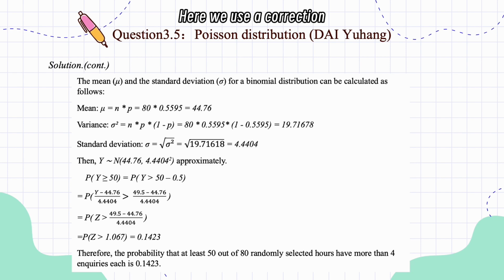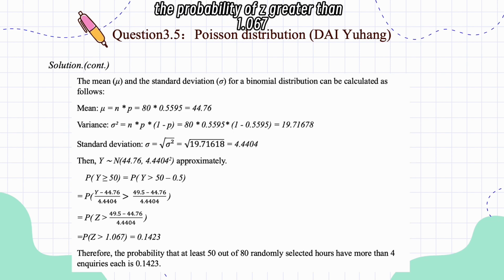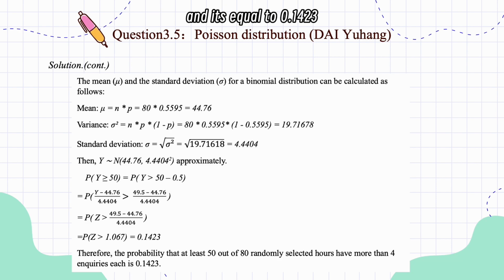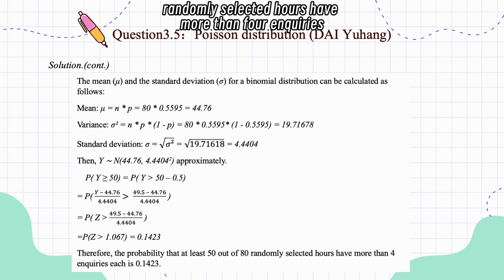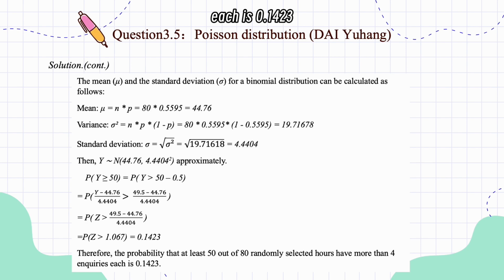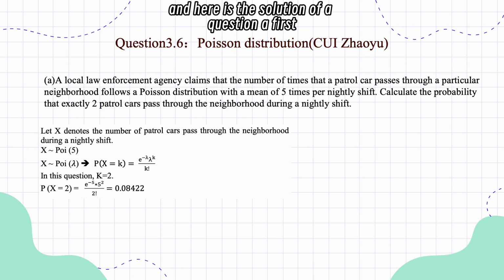Here we use a correction, and we turn this normal distribution of y into the standard normal distribution, and we can have its probability equal to the probability of z greater than 1.067, and it's equal to 0.1423. Therefore, the probability that at least 15 out of 18 randomly selected hours have more than 4 inquiries each is 0.1423.